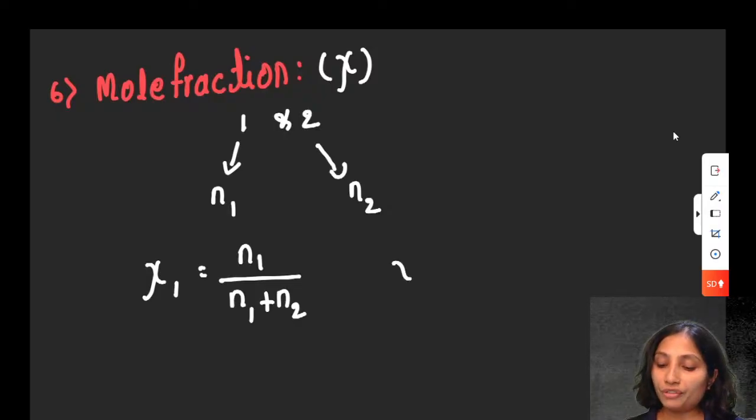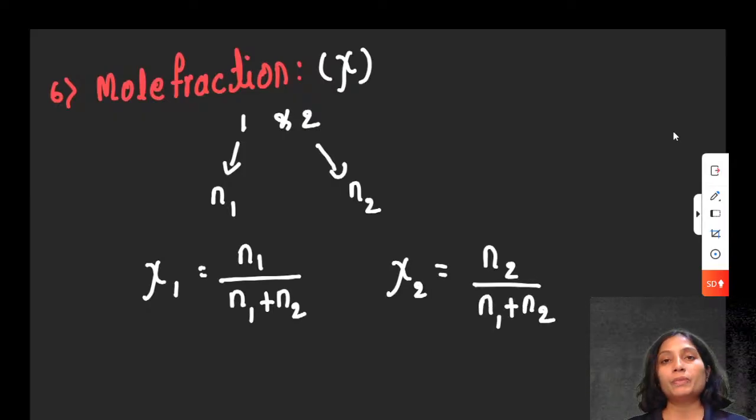And the mole fraction of 2 can be calculated by N2 divided by N1 plus N2: the number of moles of the second component divided by the number of moles of all the components present. This is how we calculate mole fraction.